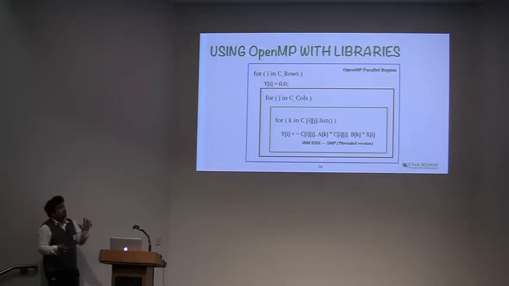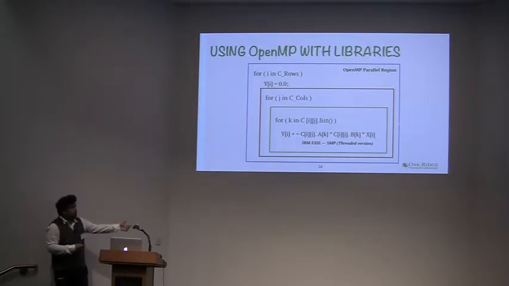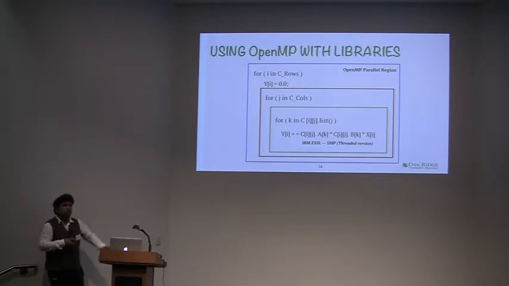At least with the spec, you cannot have multiple parallel regions and also have an ESSL SMP. It will let you compile, but the behavior is not defined in the spec. So what we end up doing is we create one parallel region, and then we have an ESSL SMP, with no other OpenMP constructs in between.